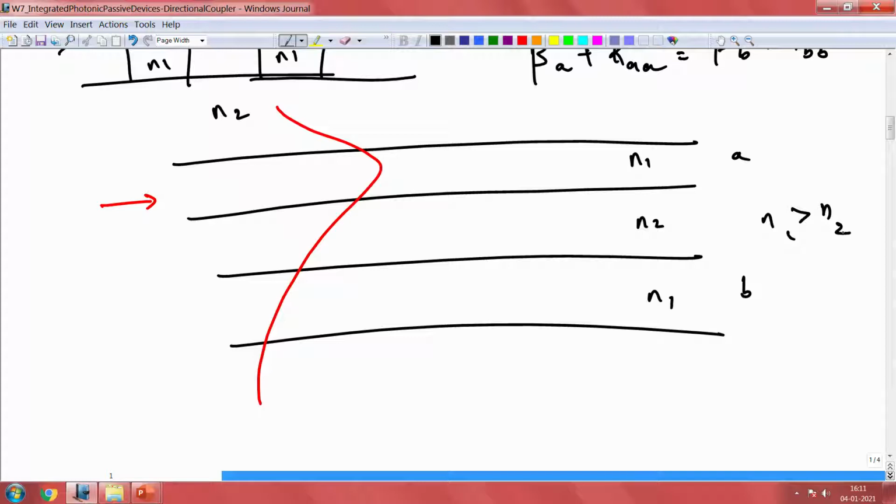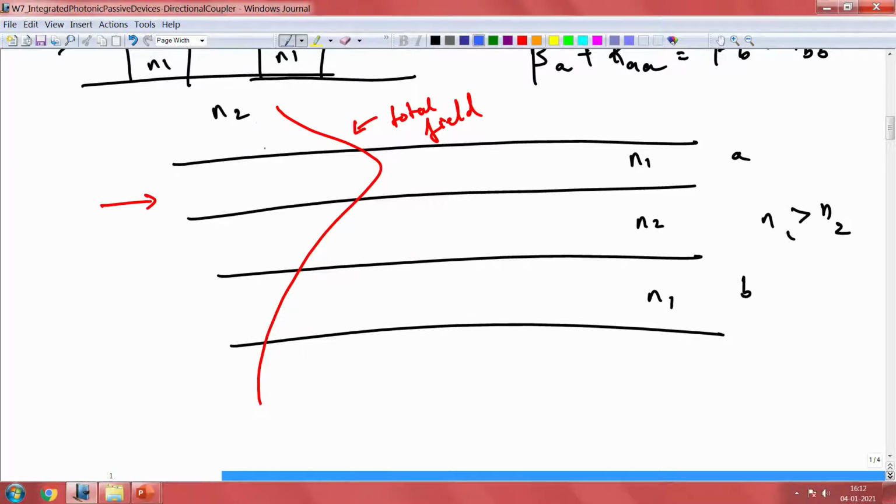If that is the case, you should have oscillating solutions in n1 and decaying solutions in n2. So, this is our total field, but now you can decompose this total field as a function of individual fields. So, you will have a solution that will look like what we call the super mode solution.